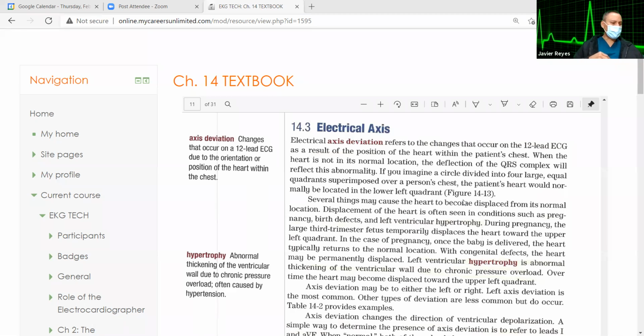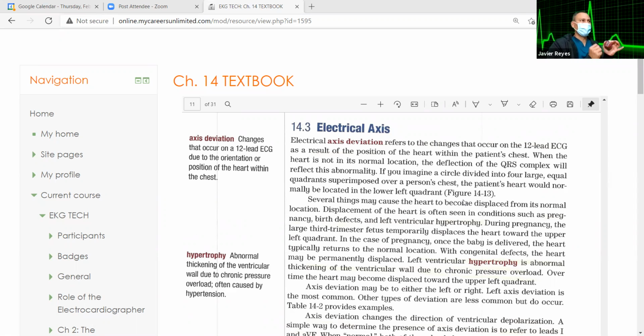When you think about it, imagine a horizontal line across the heart and a vertical line, so you're cutting the heart in four. Where is the biggest muscle in the heart? The left ventricle. This is the one that does most of the work.